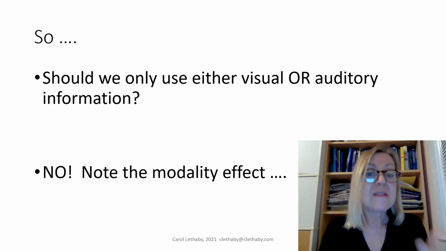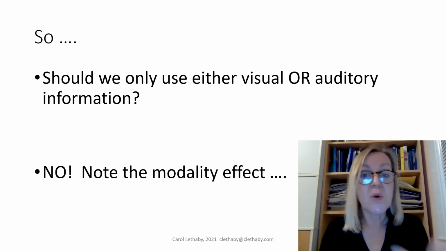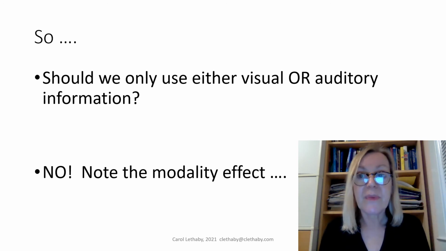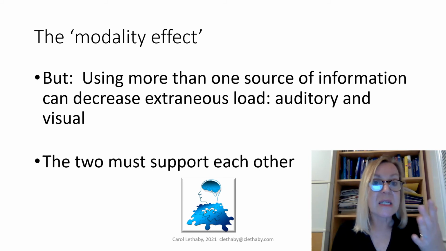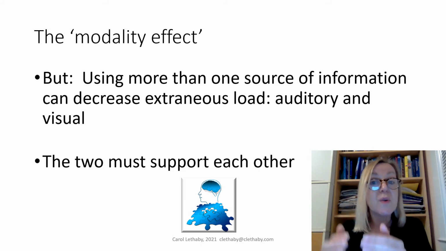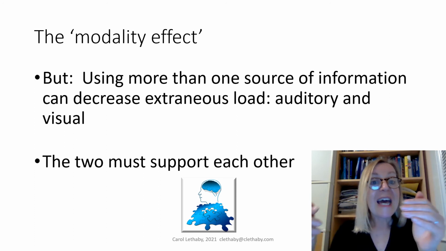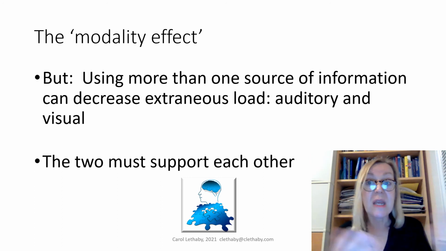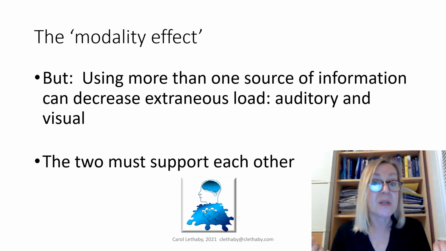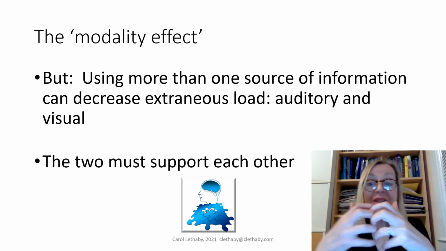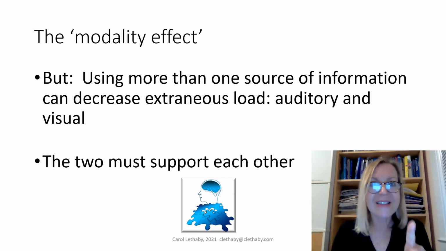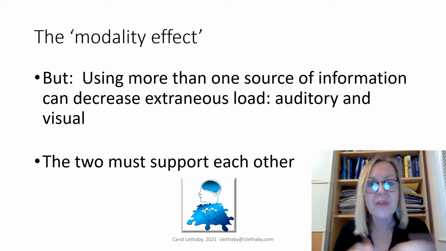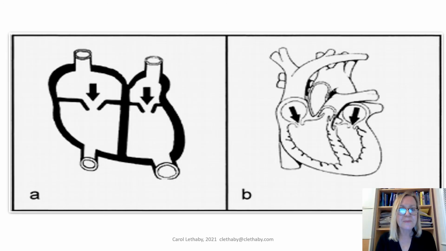No, it actually doesn't, because of the so-called modality effect. The modality effect in cognitive load theory says that using more than one source of information can decrease the extraneous load, the auditory and visual extraneous load. Okay, but the two must support each other, and that's the secret, isn't it? Making sure that the two support each other.